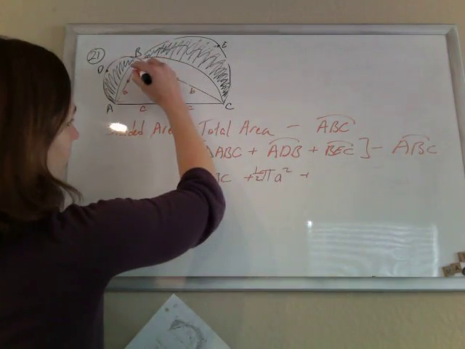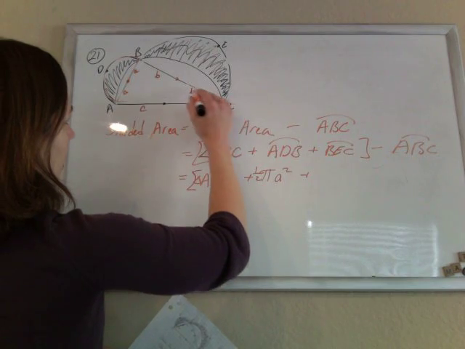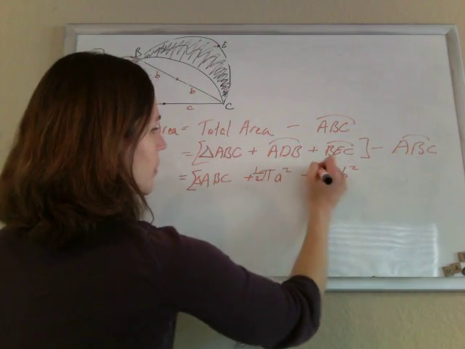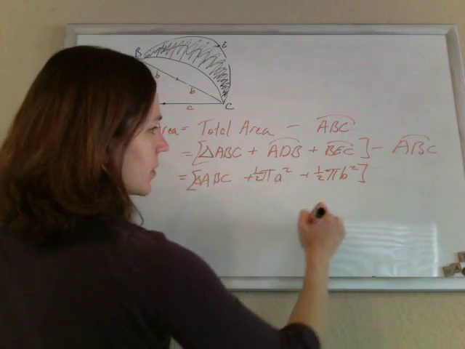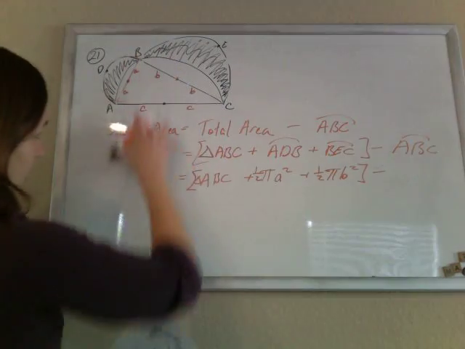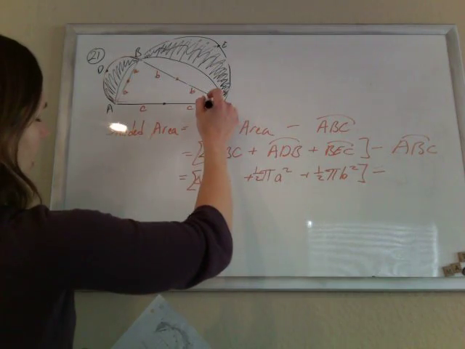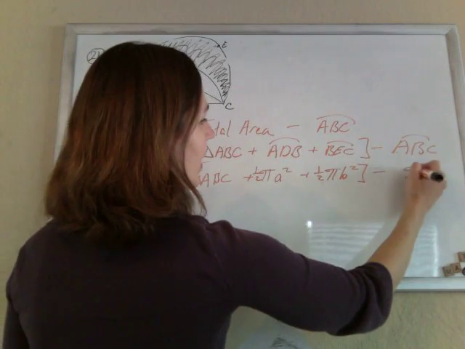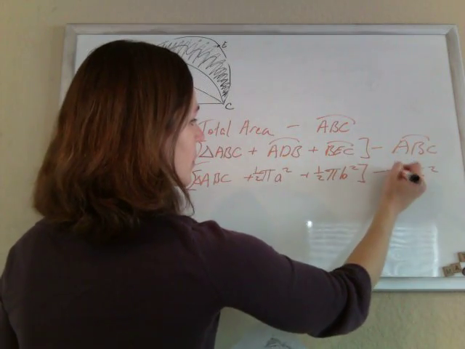Same thing for the area of BEC, pi r squared, so pi b squared, but only half of that because it's a semicircle. And then I'm going to subtract out semicircle ABC, so pi r squared, so pi c squared and half of that.